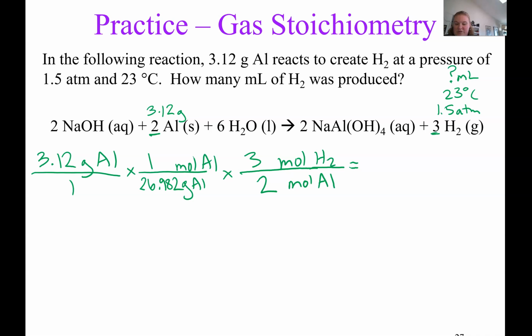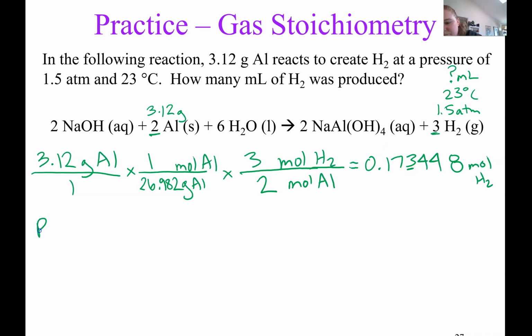So 3.12 divided by 26.982 times 3 divided by 2, 0.173448. All right, couple things. I'm going to fill in my units, moles of hydrogen. I'm going to underline my significant figures, but I'm not going to round. I started with 3. I'm going to underline that third one.